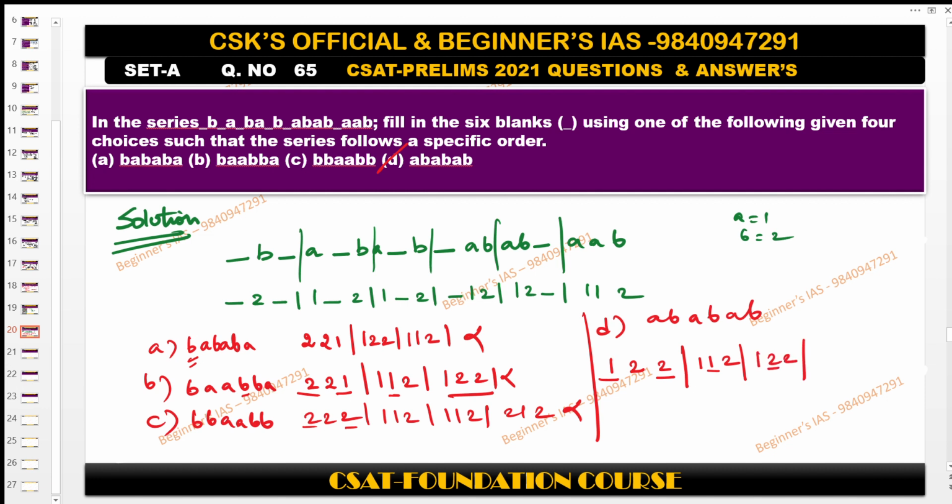Yes, 1 2 2, 1 1 2, 1 2 2. Next, if it could be 1 1 2, then that would be the answer. Let us check it with A. Now this is over. Now this one, yes, 1 1 2. It follows the pattern. So the answer for this question is option D.